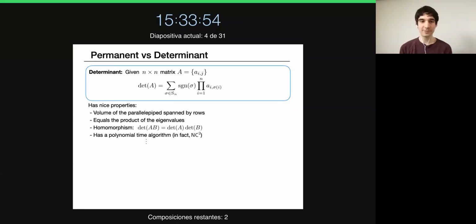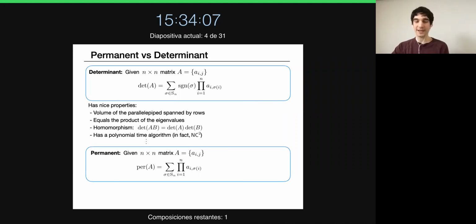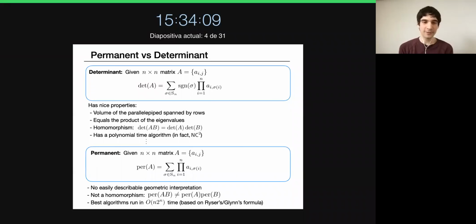It's a homomorphism. It has an efficient polynomial time algorithm, in fact even a low depth algorithm. You can just go on all day lauding the properties of the determinant, and yet you get to the permanent, and it has no easily describable geometric interpretation. It's not a homomorphism, and the best algorithms run in exponential time. So there's a discrepancy here.